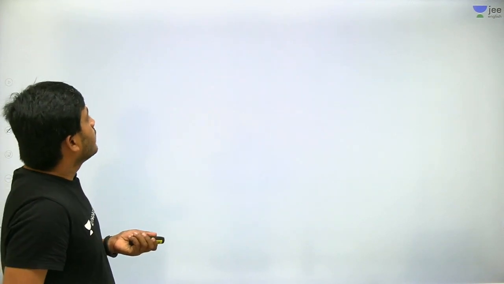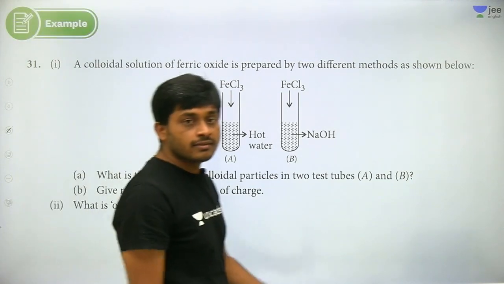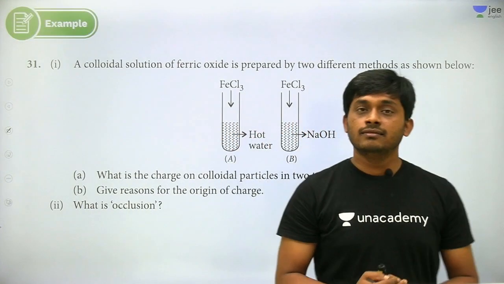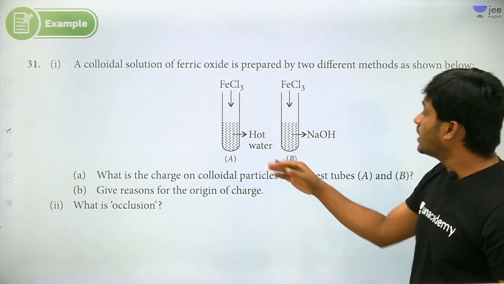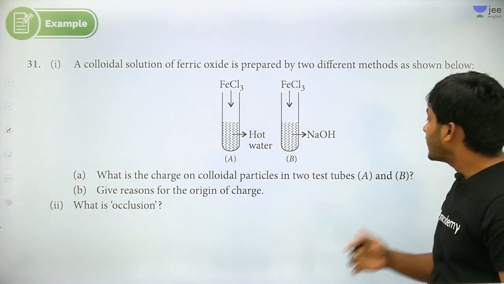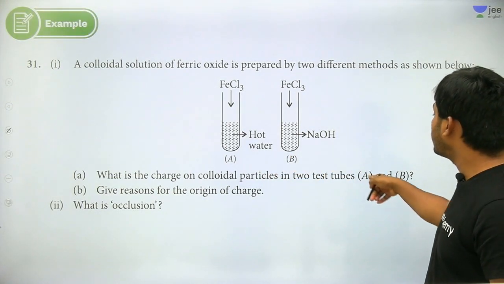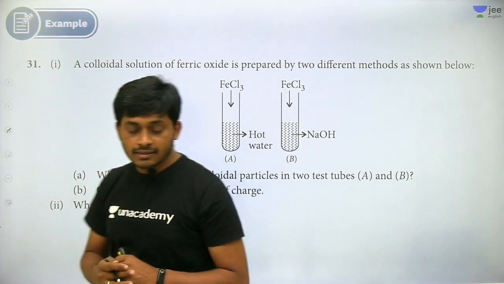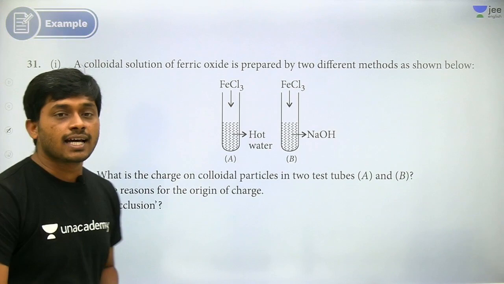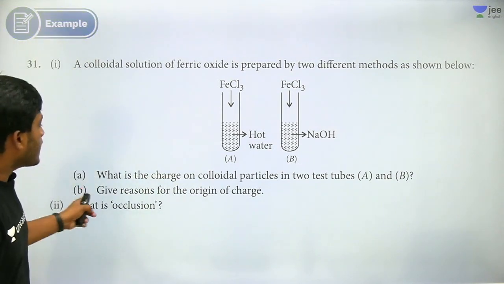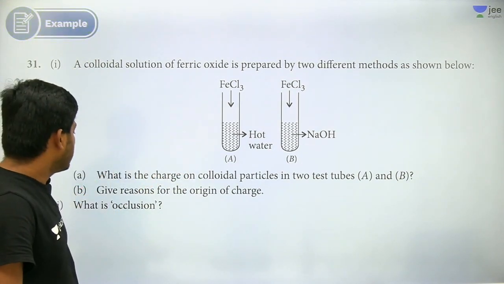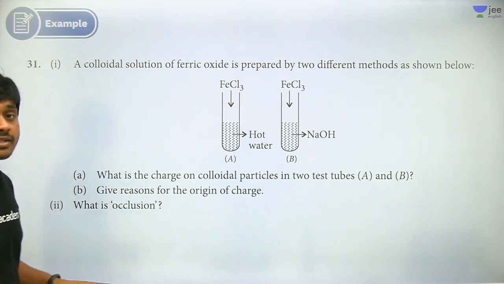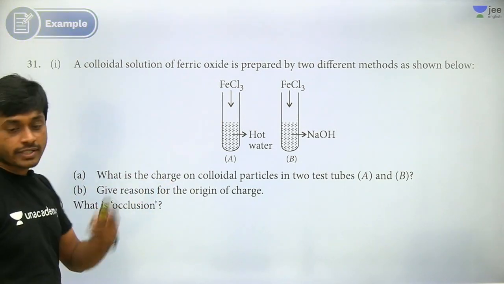Yes. Next question, see this question. This is a colloids question, surface chemistry. What is the charge on colloid particles in the 2 sets of tubes? In A, what is the charge? In test tube B, what is the charge? What is the reason for the charge? And there are 2 parts in the question. What is occlusion?